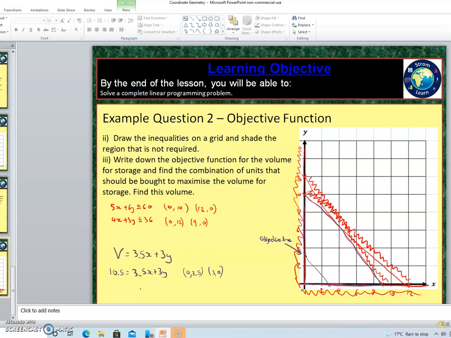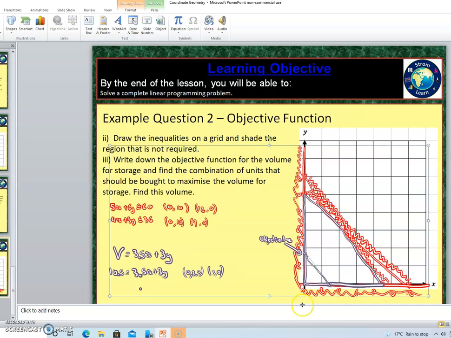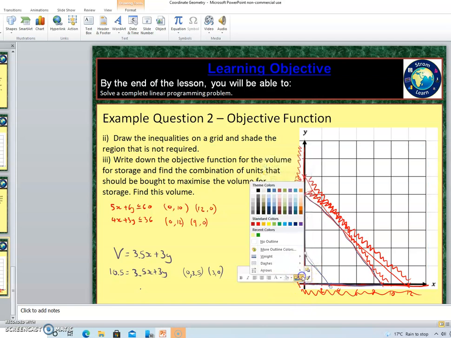Okay, so I'm just going to insert a line, and actually I'm just going to go over that line again just so it's nice and straight. Let's get rid of that old one. Actually, let's not. Let's just make that purple as well.